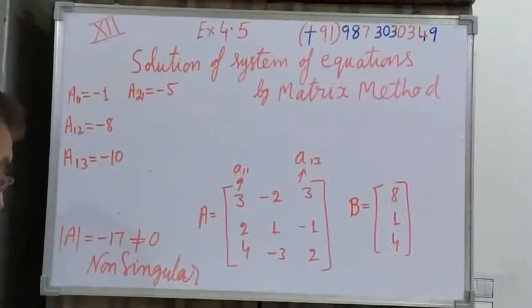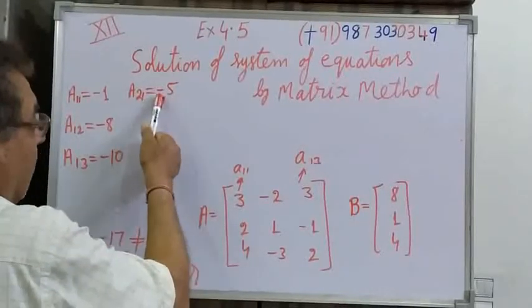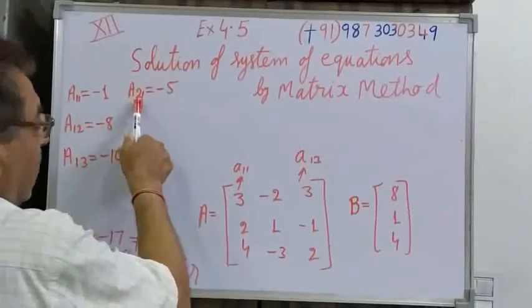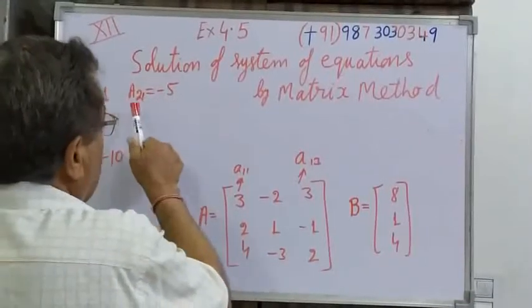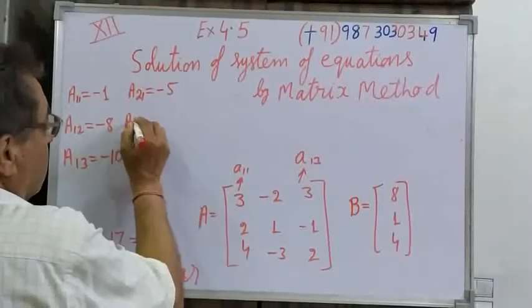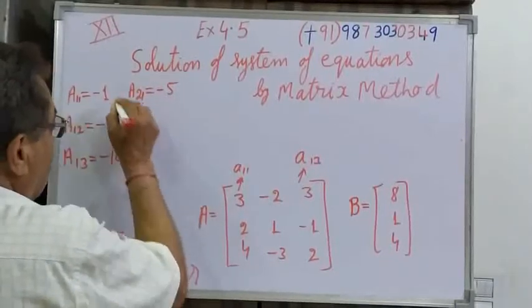A21 is minus 5, isn't it? Why do I make it negative? Because the sum of 2 plus 1, that is second row, first column, these two sum to 3, so negative sign.